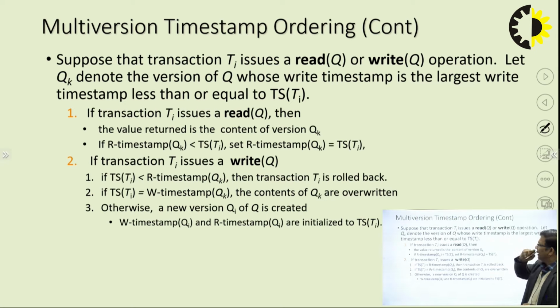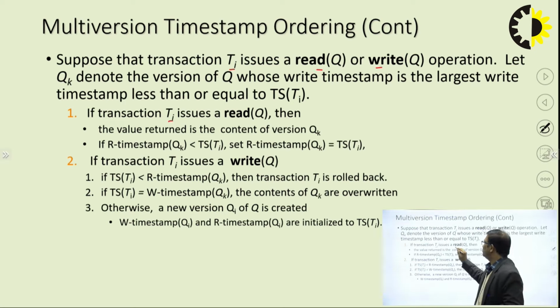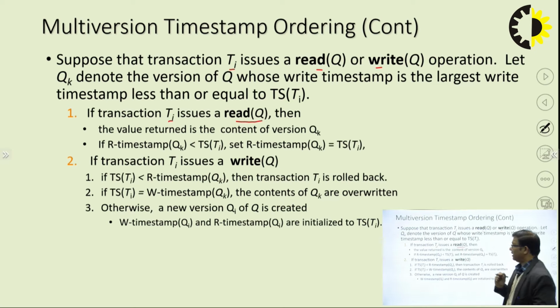Now, suppose the transaction Ti. Now, we have to check the validation, or we can say the rules. If Ti issues a read or write command, then what will happen? If Ti issues a read command, then listen carefully, read command. Already the database holds the value of Q, the read time stamping and write time stamping.